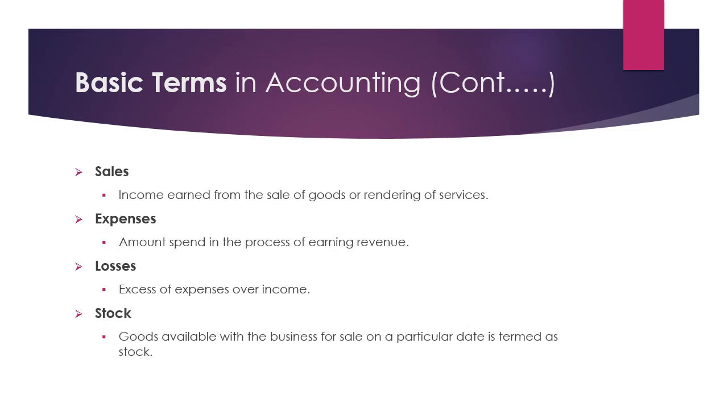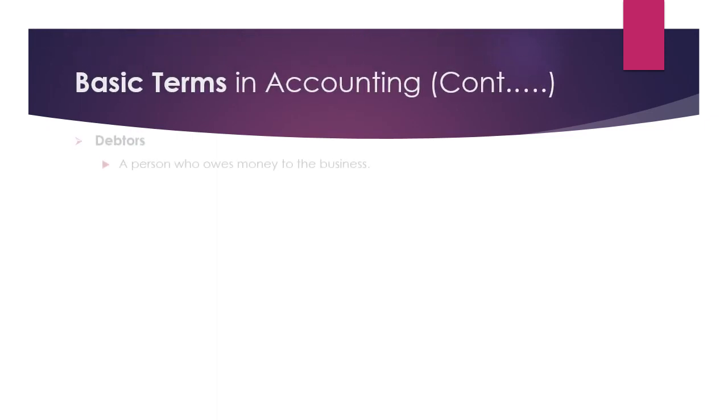Stock. Stock denotes the goods available with the business for sale on a particular date. Goods or products purchased but not sold to the customers are stocks. Stock is the difference between goods purchased and sold during a year. Debtors. A person or persons who owe money to the business are known as debtors.